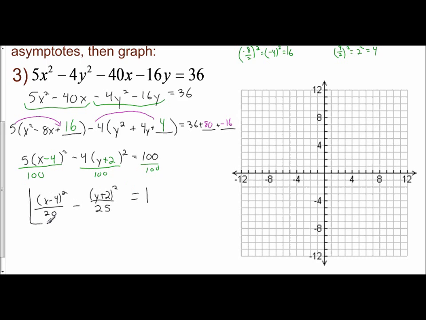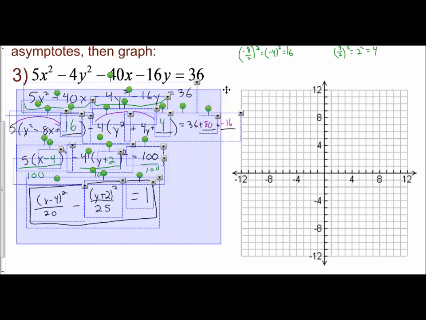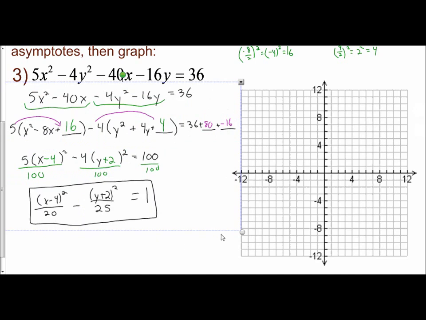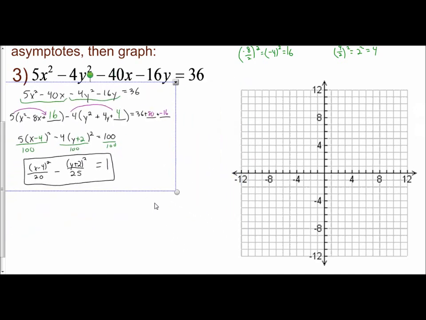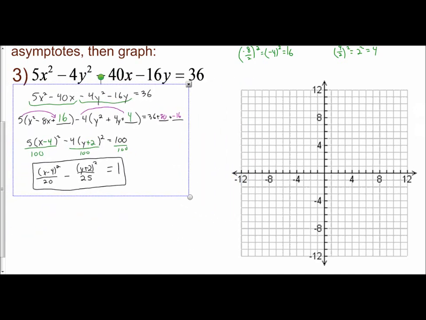That will allow me to find h, k, a, b, and c, which will then allow me to graph the entire thing and identify all the parts. So here we go. Let's start by identifying our h and our k, because that is our center. First, we can look at, well, since it's x squared term minus the y squared, that tells me that this is a horizontal hyperbola.